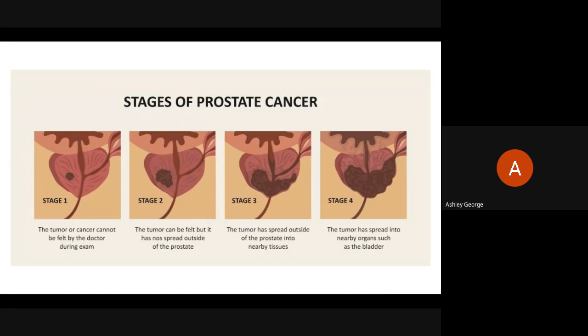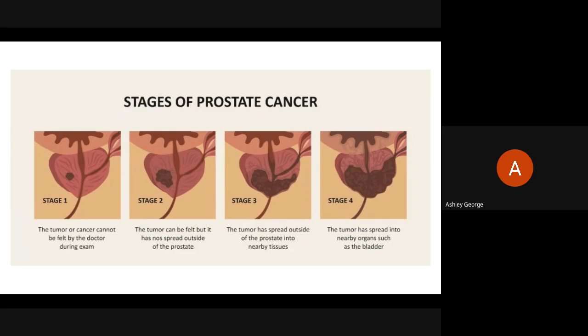At this stage, the tumor isn't really causing symptoms, and it's not generally a cause for immediate concern. At stage two, the tumor remains confined to the prostate, but it may be larger. It may be able to be felt, and it may involve more than one part of the gland. So it's still localized, but it can indicate that there are more aggressive cells at play.